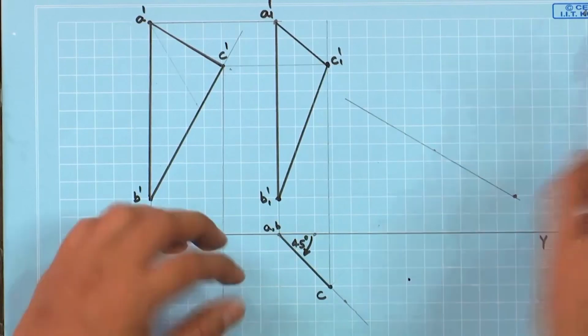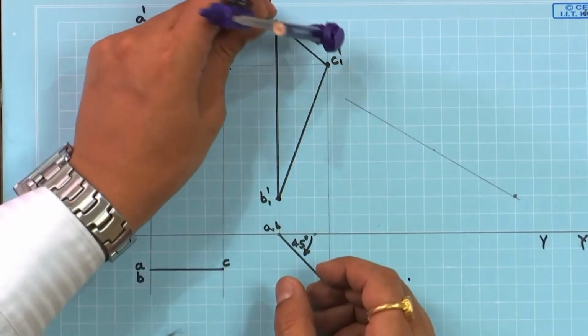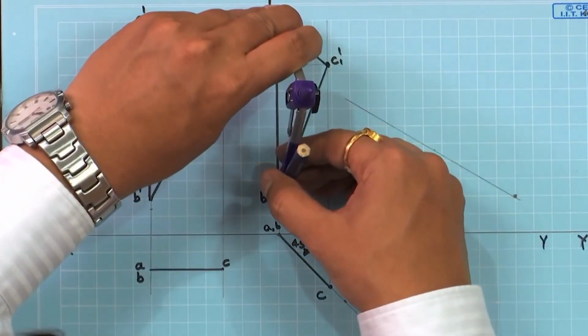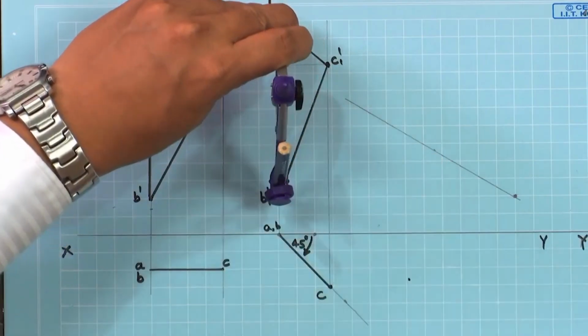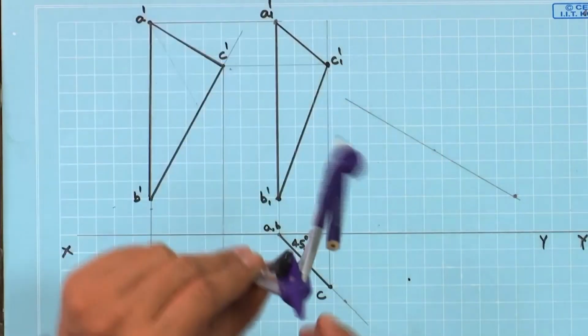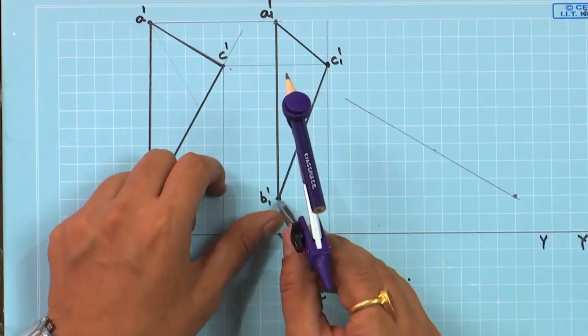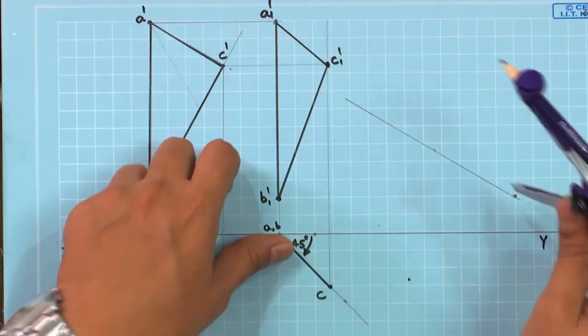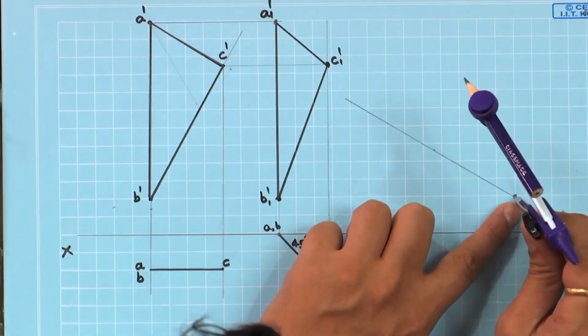In that, A1 prime, B1 prime, whatever this length we have, that one has to be mapped.